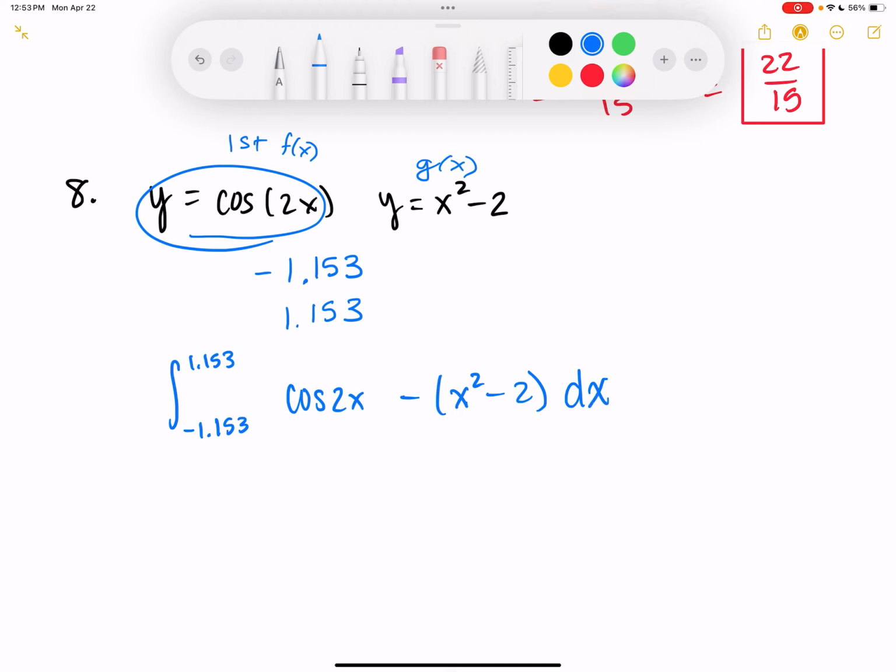Any guesses as to what I'm going to do about this situation? Well, I can split it. I can distribute, but is there an easier way I could do this? Factor.